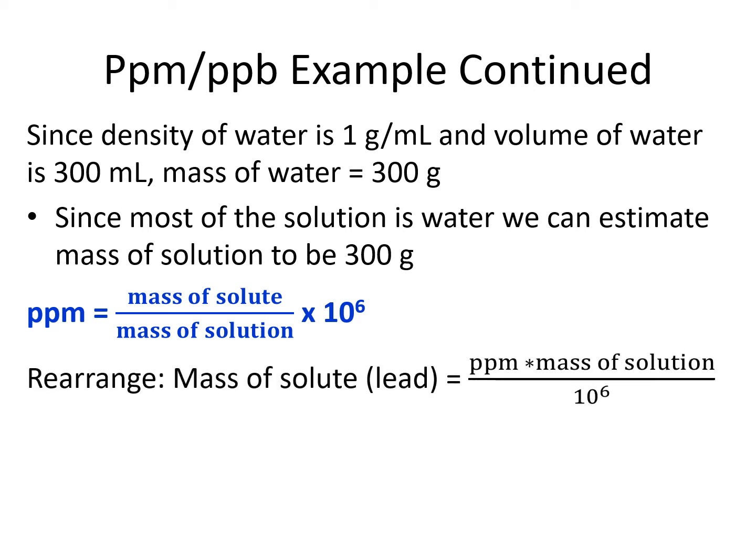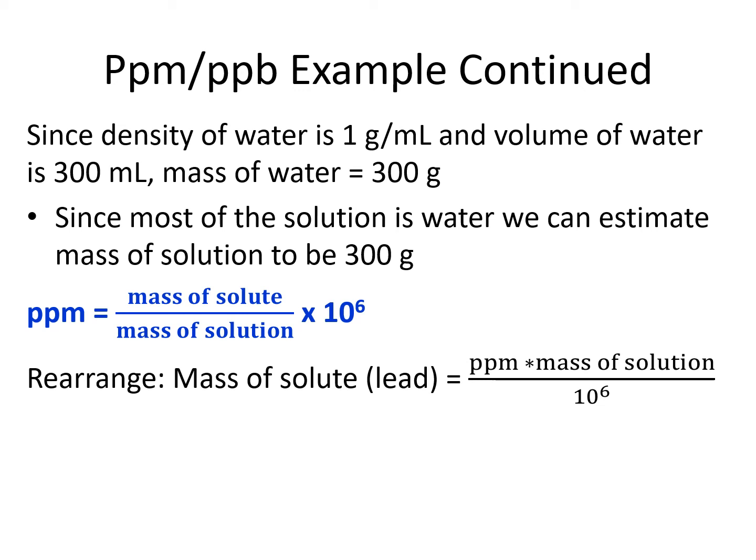When we rearrange the equation, the mass of the solute needs to be isolated by itself. To do that, we multiply both sides by mass of the solution and divide both sides by 10 to the 6th. Our rearranged equation becomes mass of the solute, which is the lead, equals parts per million times mass of the solution divided by 10 to the 6th.